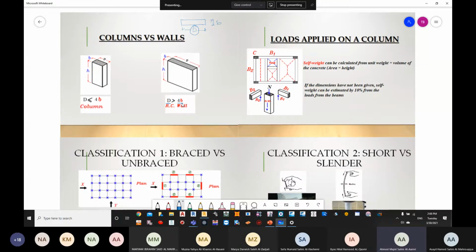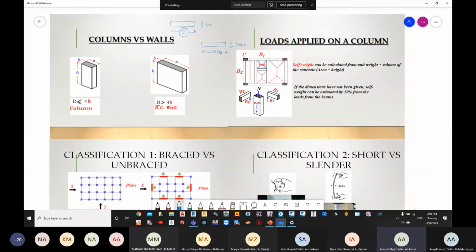So for example, if we have an element which is 900 into 200, then this is not going to be a column, but this is going to be a wall. Why? Because once again, the longer dimension is more than 4 times the shorter dimension.